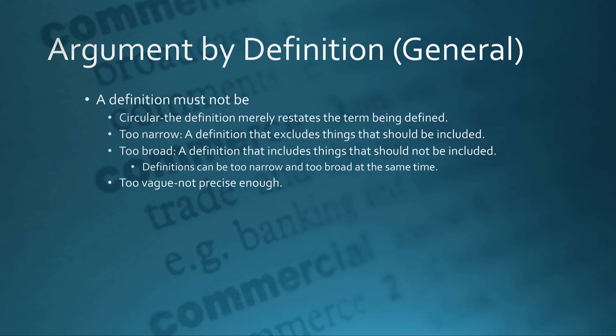A definition that's too broad includes things that should be left out. For example, if someone defines art as anything that creates or influences the emotions, that would be too broad, because if someone says, hey, here's $1,000 free, get whatever you want, you'd probably have some emotions.